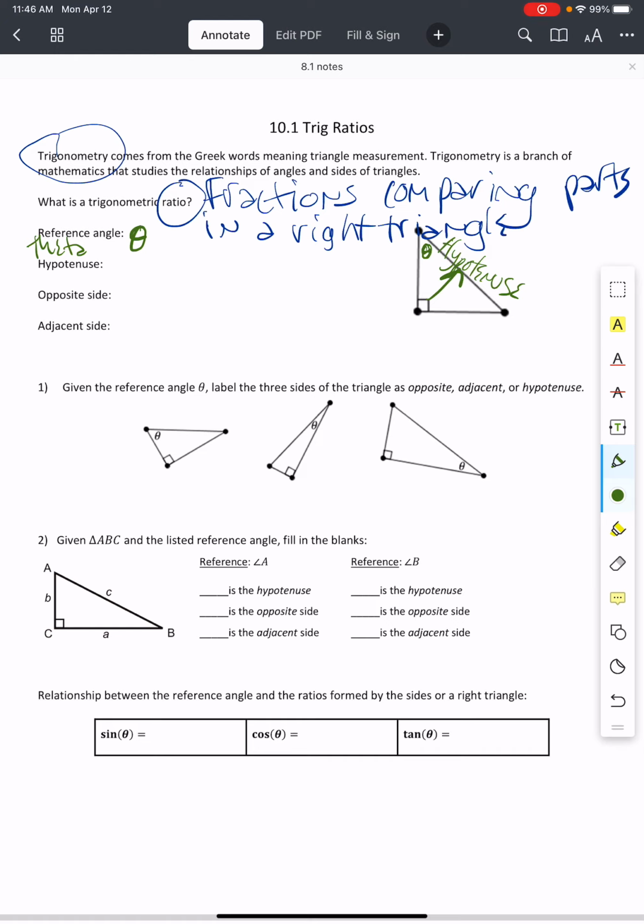So this one, the vertical line, is that one adjacent to theta or across from theta? Yeah, so this is the one we would call our adjacent side. And then this third side would be our opposite side.